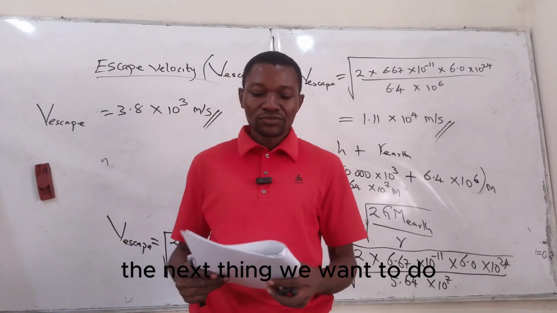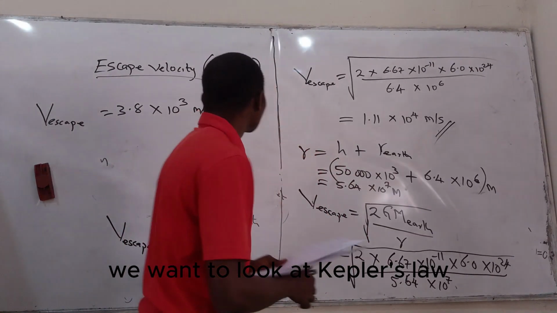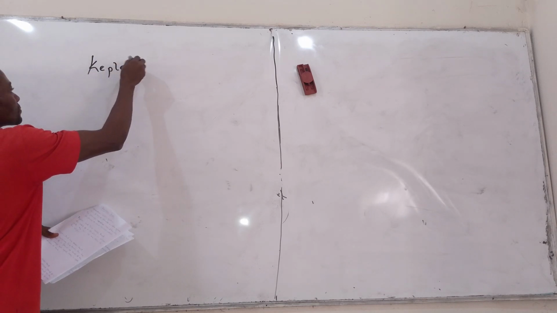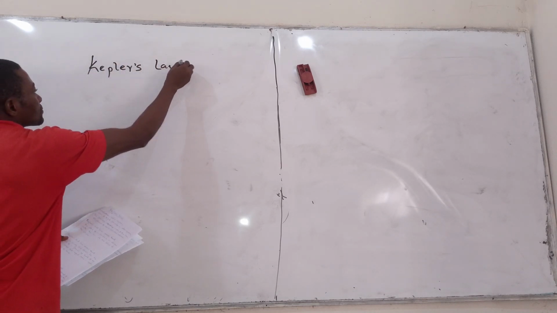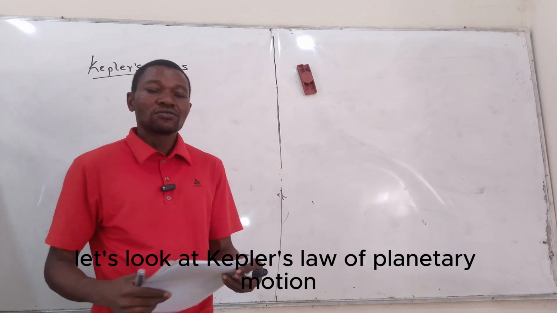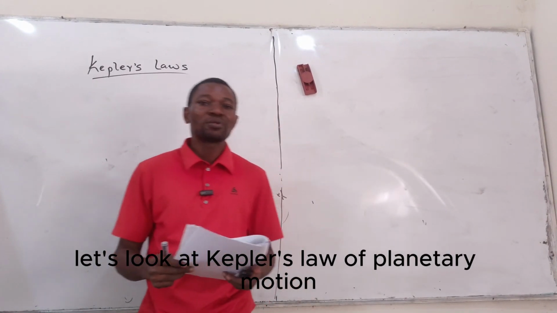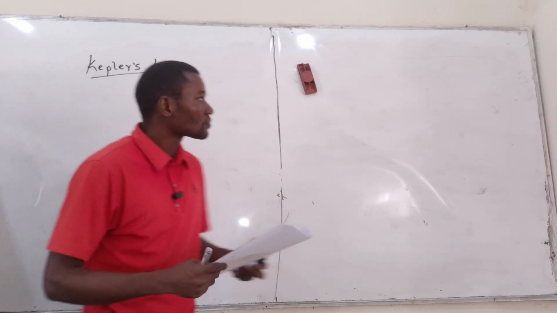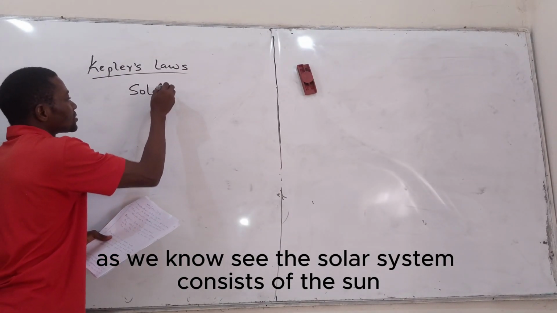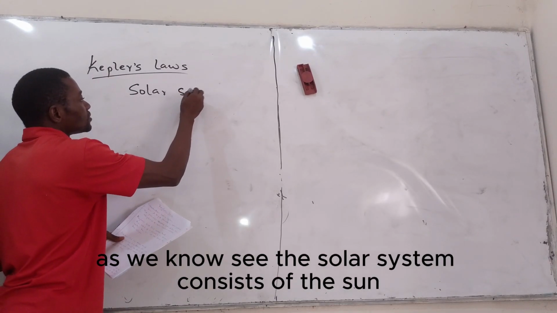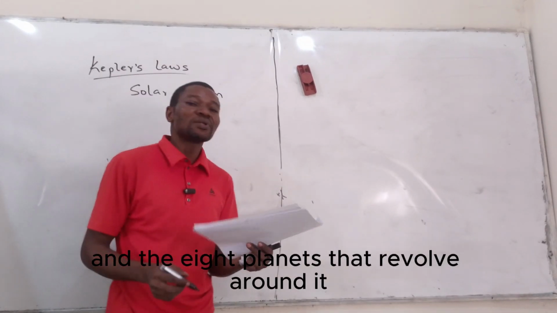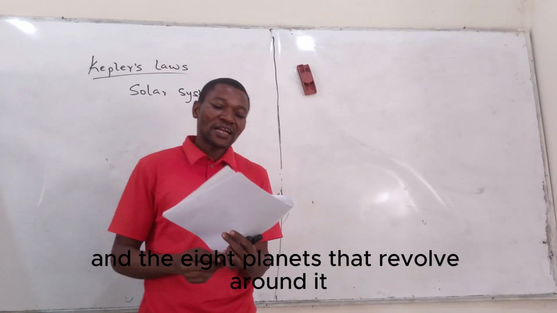The next thing we want to do, we want to look at Kepler's law of planetary motion. As we know, the solar system consists of the sun and the 8 planets that revolve around it.